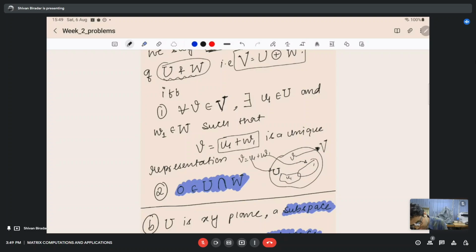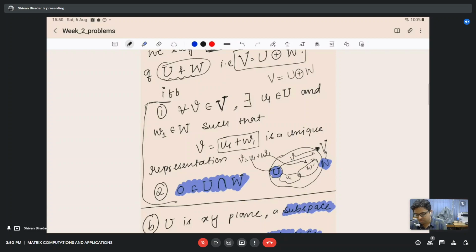There is a small part here, and zero exists in this intersection of U and W. If these two properties are satisfied, then we say that the direct sum of U and W gives us vector space V. So if this is true, then we say that V is the direct sum of subspaces U and W. I hope you understood this.